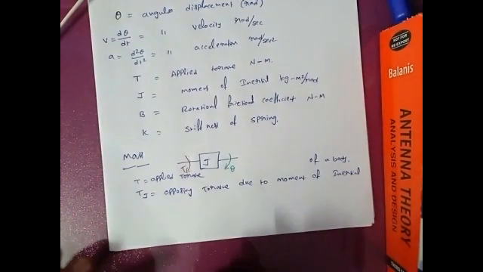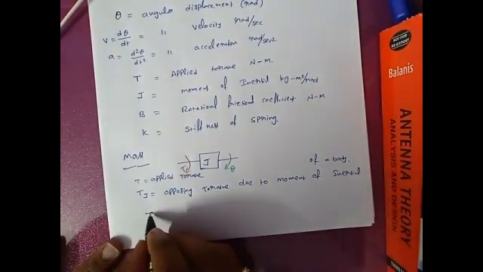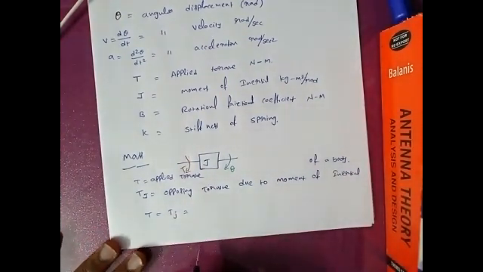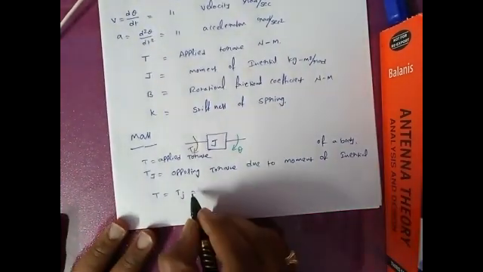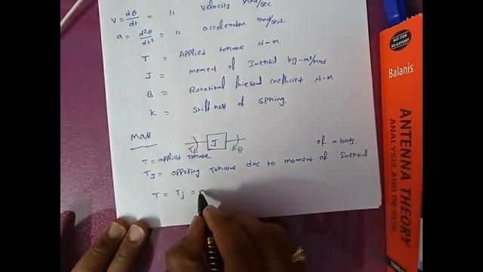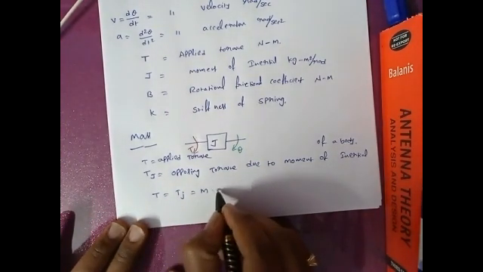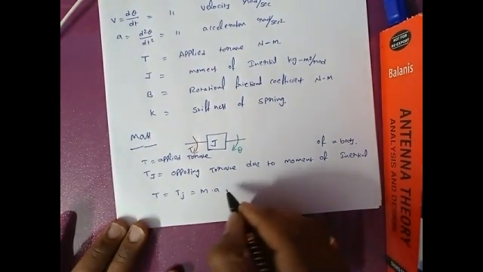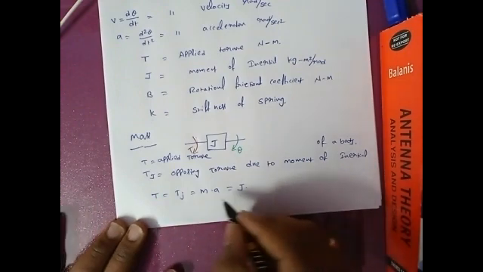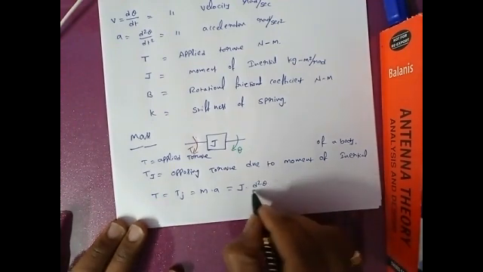As per Newton's second law, the applied force always equals the opposing force, T equals Tj. As per Newton's second law, the applied force is equal to mass times acceleration. But here we are discussing rotational systems. The mass is represented by J, and a is d square theta by dt square.